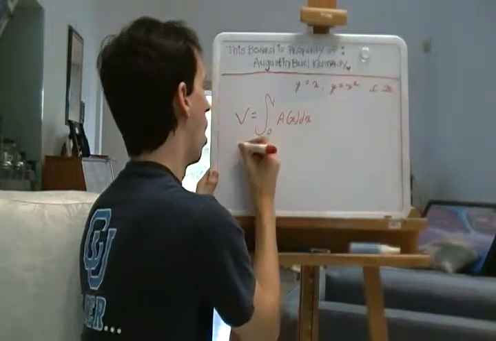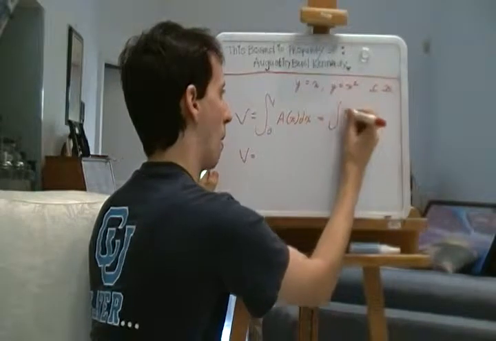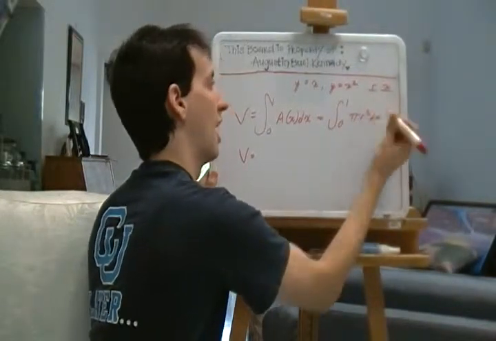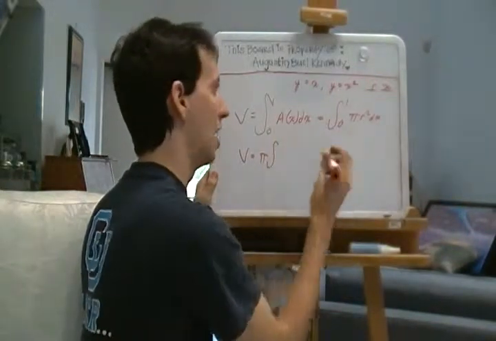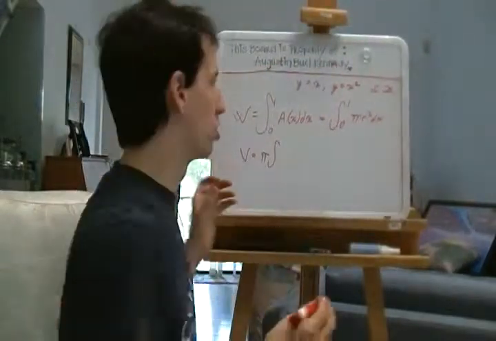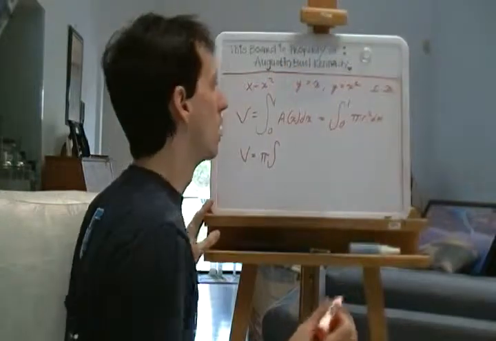Okay? Now we know that the area equals pi r squared dx. Okay? So volume is going to equal pi times r squared. Well, the area of those circles was x minus x squared.